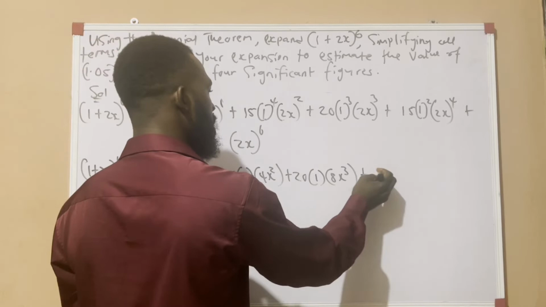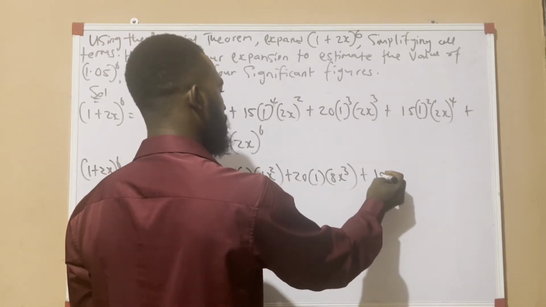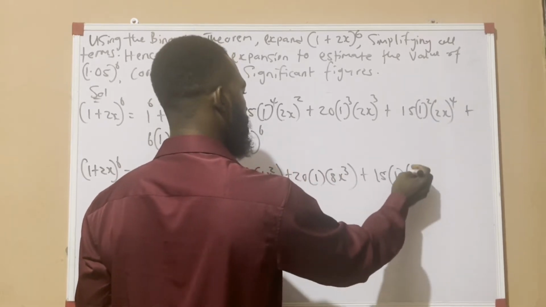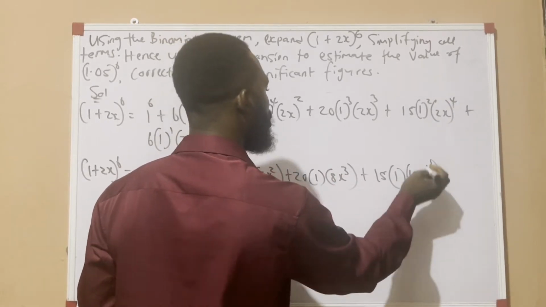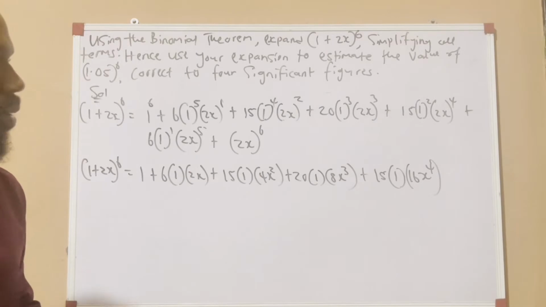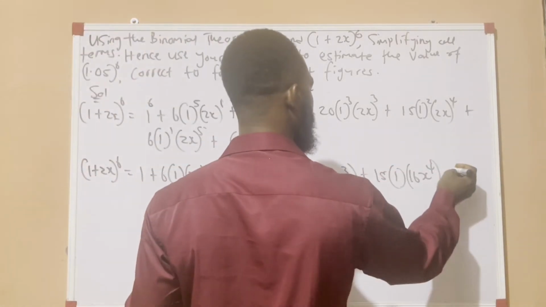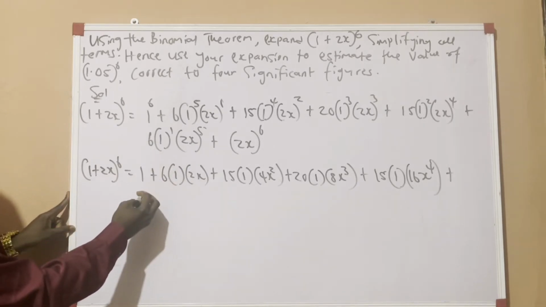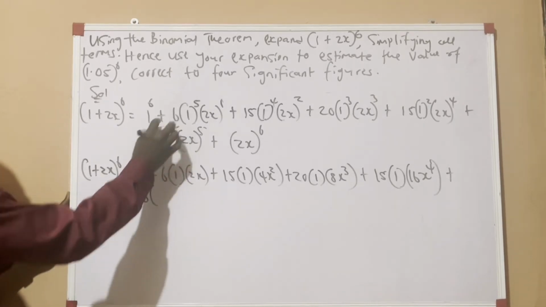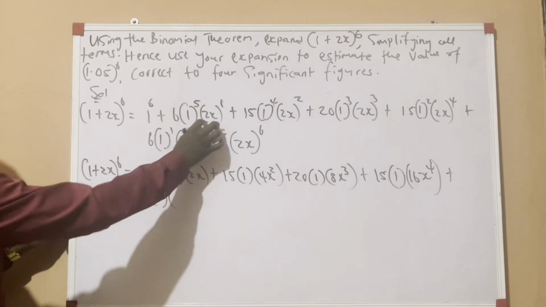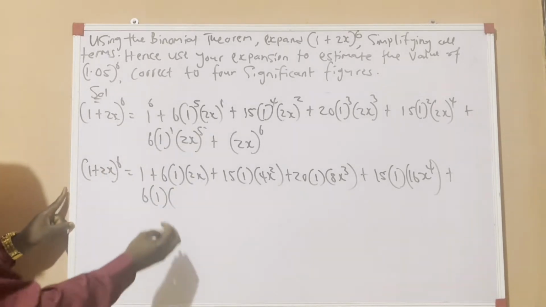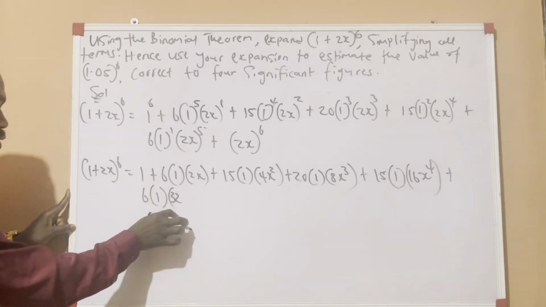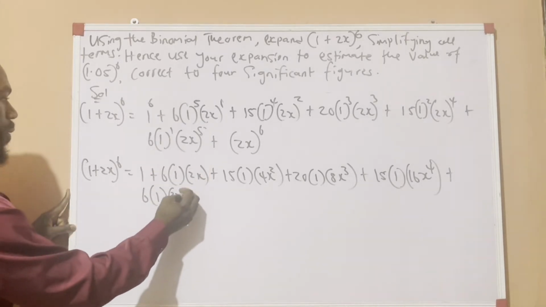Plus, here becomes 15. 1 raised to the power 2 also gives us 1. 2 raised to the power 4 gives us 16. Then x raised to the power 4 also gives us x raised to the power 4. Now next, plus. Okay, here becomes 6. 1 raised to the power 1 gives us 1. 2 raised to the power 5 gives us 32x raised to the power 5.